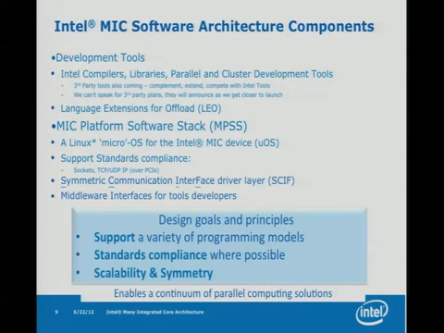Our design goals in building this environment is to support a wide range, to enable me to stand up in here and say, hey, it's Intel architecture, it's x86, it's what you're used to. We can support a lot of interesting usages with this model, which we'll talk about. It's standards compliant, and then we obviously want scalability.